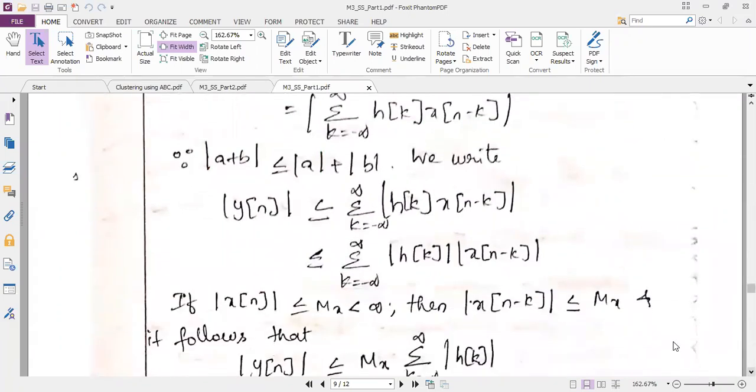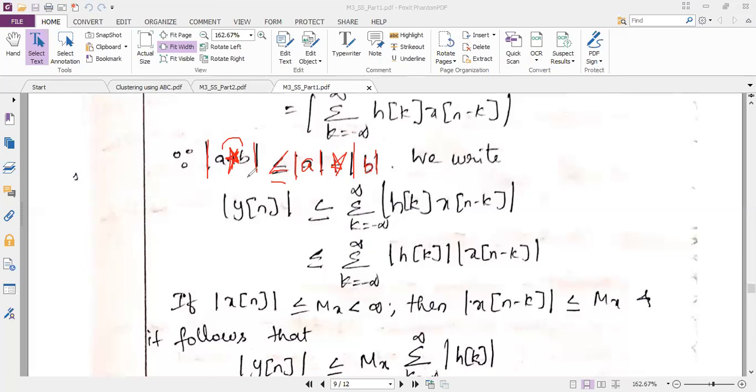And I am going to use a formula. The formula I have actually written in terms of plus, but it should be a product. If you have a product inside the magnitude, then that can be written as less than or equal to the magnitude of the individual variable, multiplied with the magnitude of the other variable.